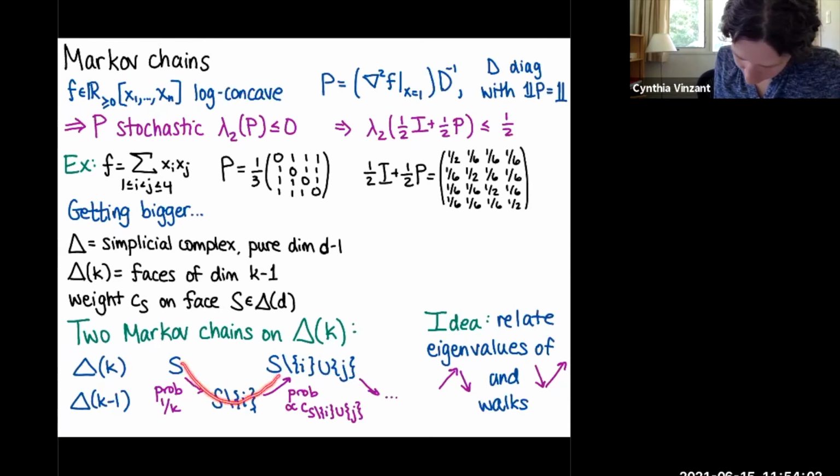If I take 2 steps like this, then I've started with a subset of size k, and I'm outputting a subset of size k. I could also run the same Markov chain, but start at a subset of size k-1 and take 2 steps like this. And this gives me a random walk on the subsets of size k-1.